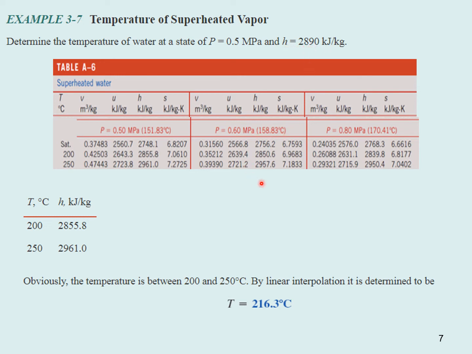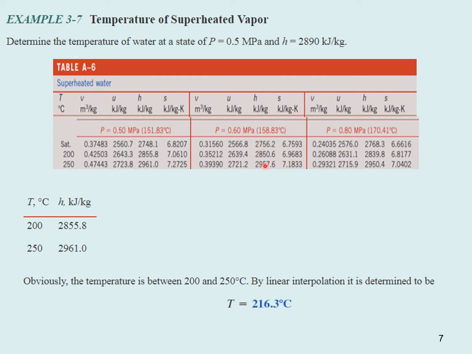If you look at the table, the first row is at saturation, but the second row is at 200 degrees C. It's 2850.6, a little bit more than that. But the next entry at 250 degrees C is at 2957.6. So our value is somewhere in between here.